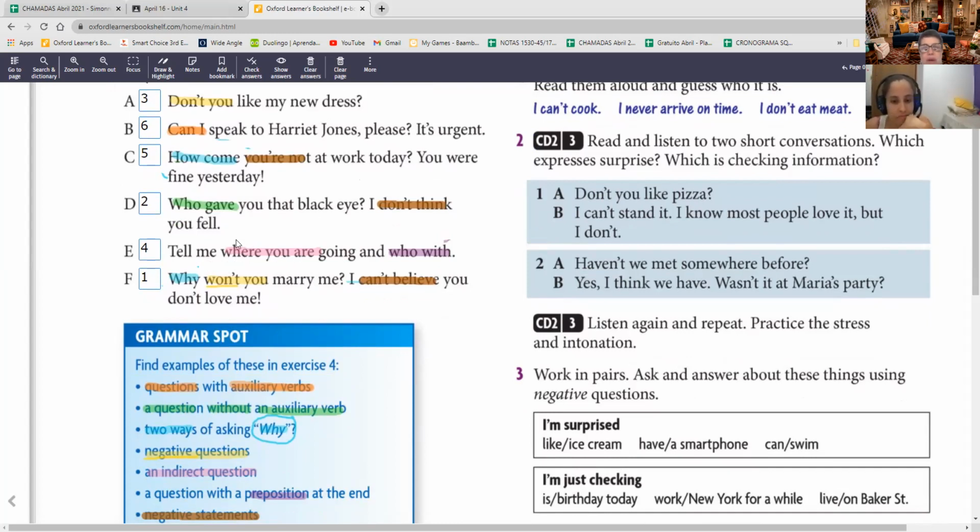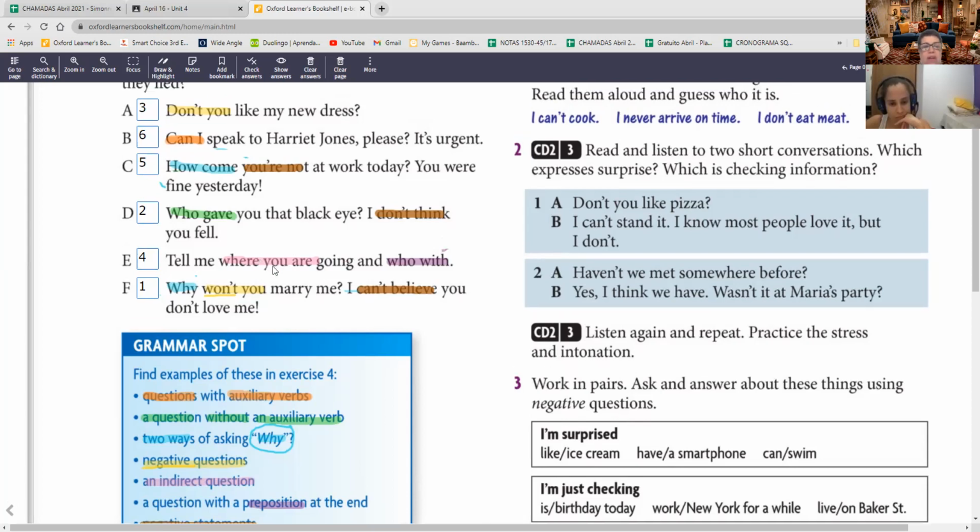Because I'm using a question pronoun, but I'm not using the question form. I'm using the affirmative form, as if it were not a question, but just a statement. Instead of putting the verb before the subject, I'm using the verb after the pronoun. So it's not a question order, it's a statement order.